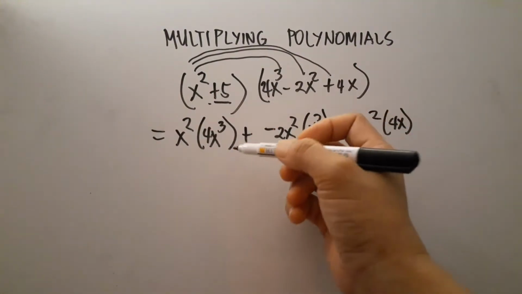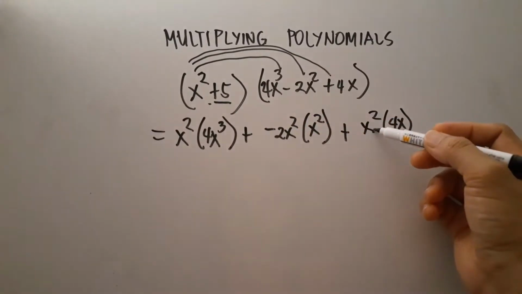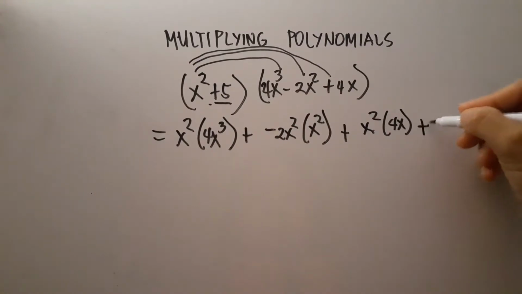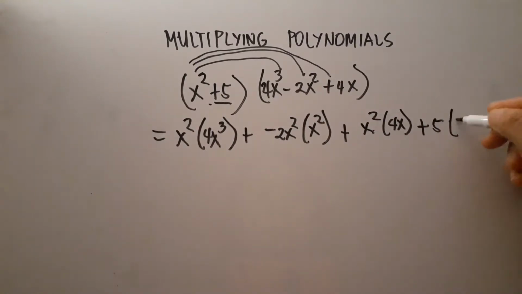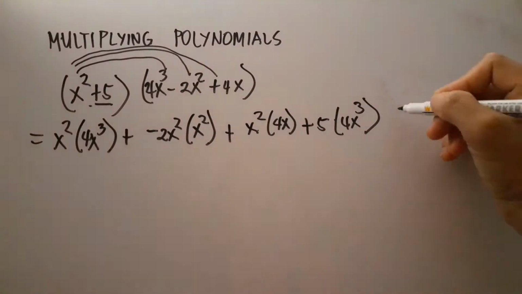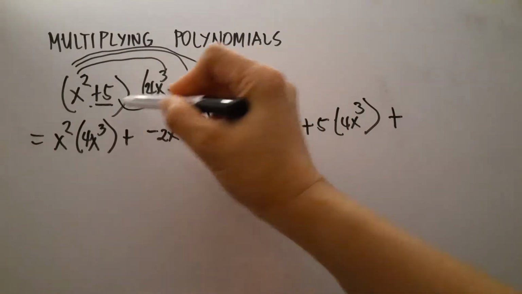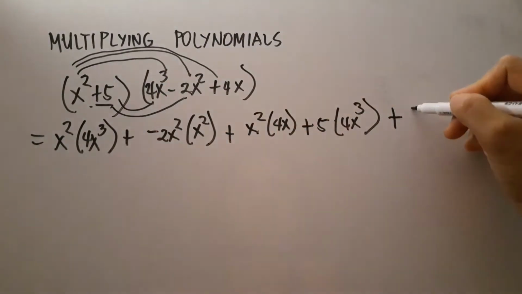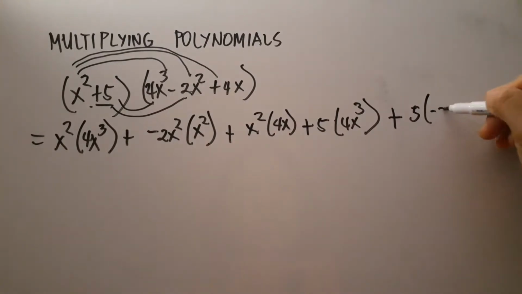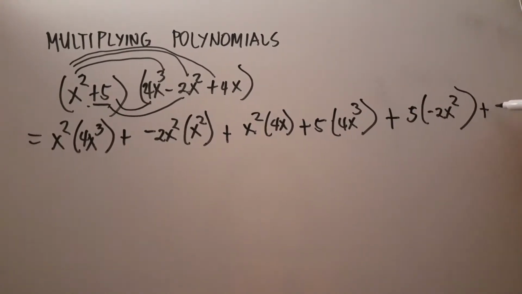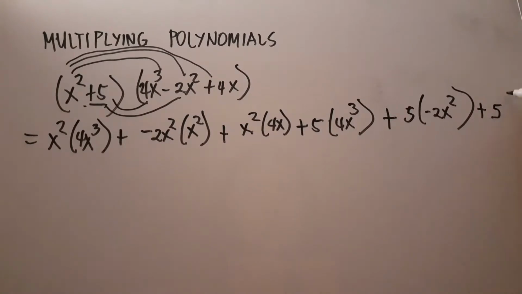Then we multiply the other term of the first polynomial, 5, by each term: 5 times 4x cubed, plus 5 times negative 2x squared, plus 5 times 4x.